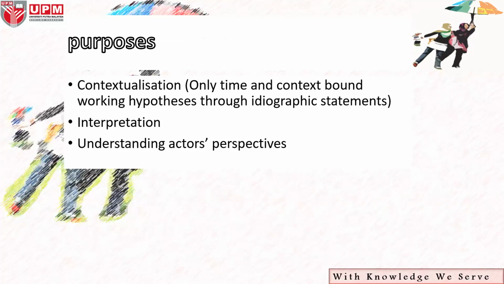Okay, the purpose of qualitative study in general is for contextualization. Nak study context, only time and context bound working hypothesis through ideographic statement, and then we want to make interpretation. Understand actors' perspective. We want to understand the phenomenon or the situation based on the informant's perspective.